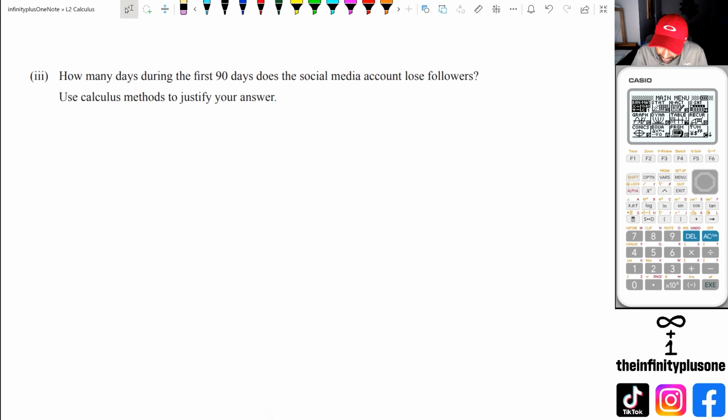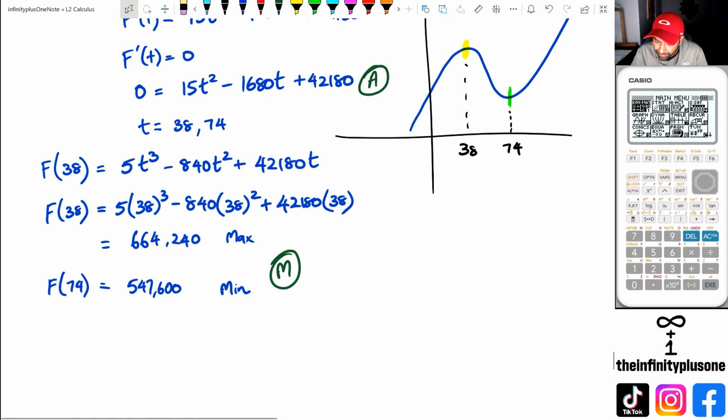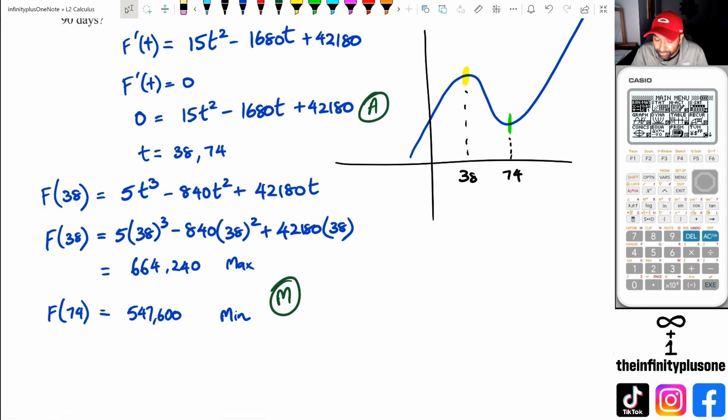For how many days during 90 days does a social media account lose followers? Now, really interesting, because we've kind of already done that in the previous question, where we figured out that it was a cubic, and we can also see that the followers is decreasing between 38 and 74.